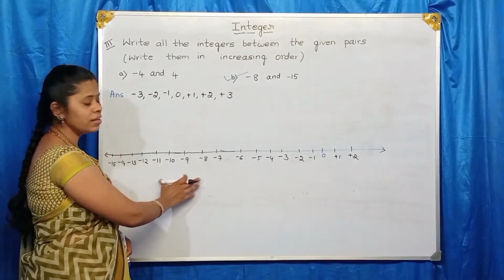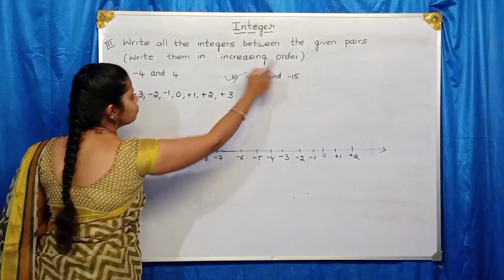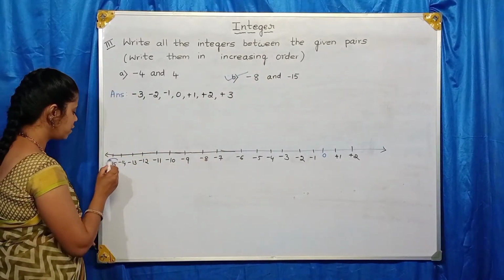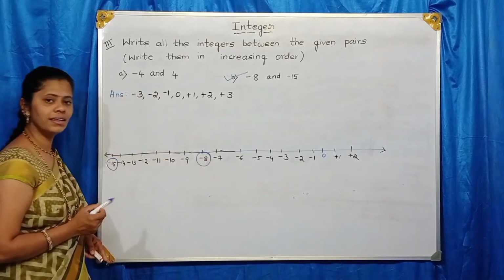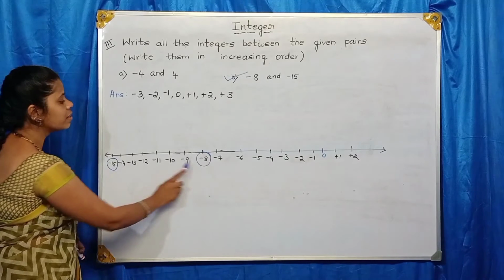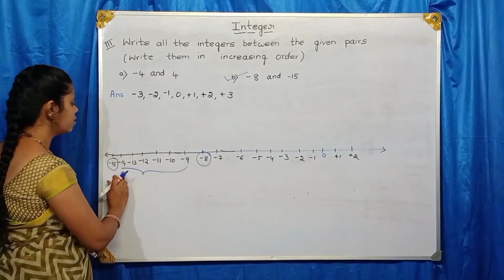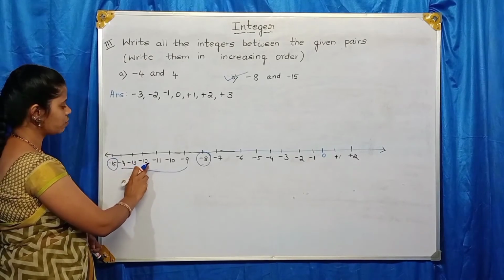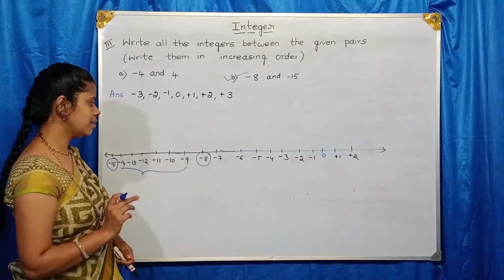Roughly I have drawn a number line. See here, -8 and -15. -15 is here and -8 is here, isn't it? And these are the numbers which come in between these two numbers. That is -14, -13, -12, -11, -10 and -9.